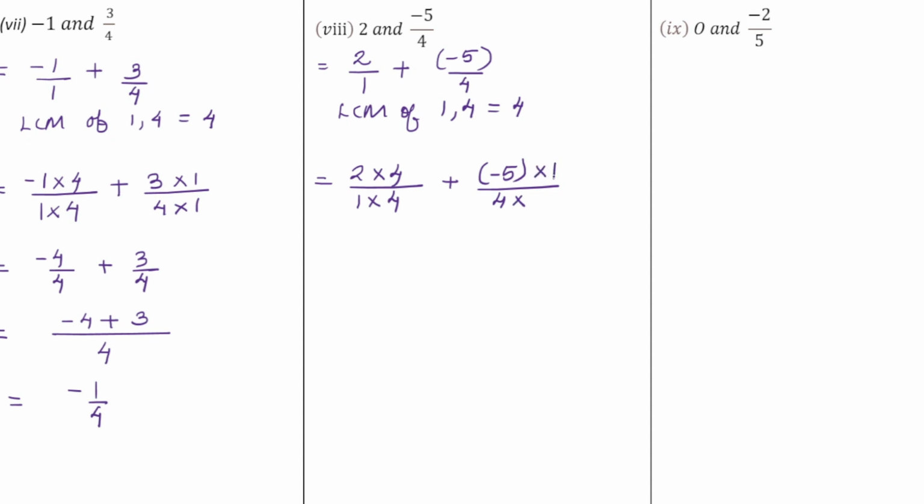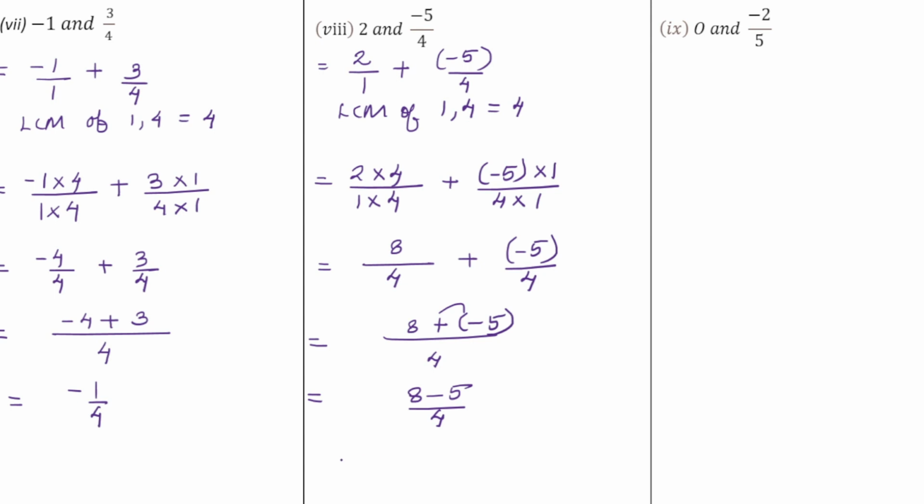Both numerator and denominator are multiplied with 1. You get 8 by 4, and we are adding it with minus 5 by 4. Denominators are same, so LCM will be 4. Add the numerators now. So it is 8 plus minus 5 by 4. On solving this, we get here 3 by 4. So 3 by 4 is our answer.